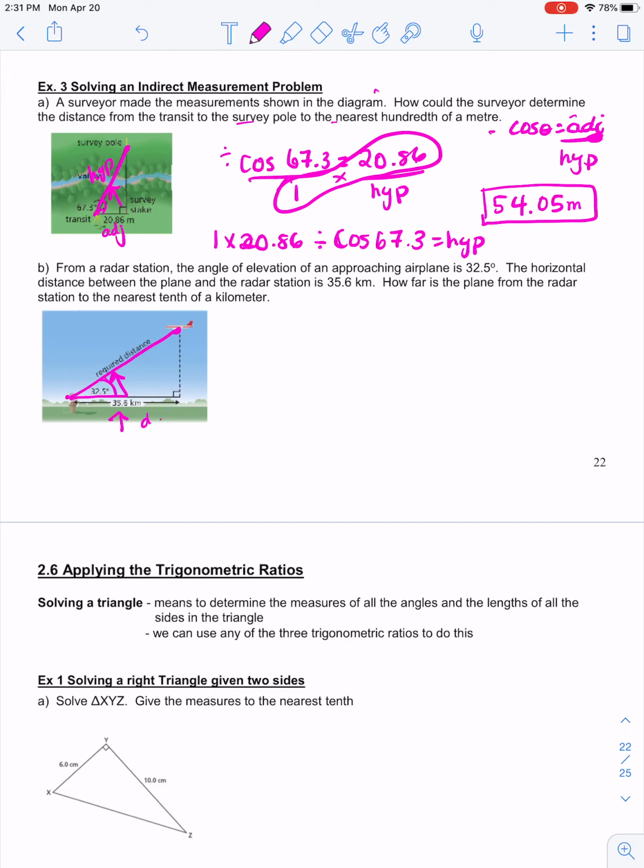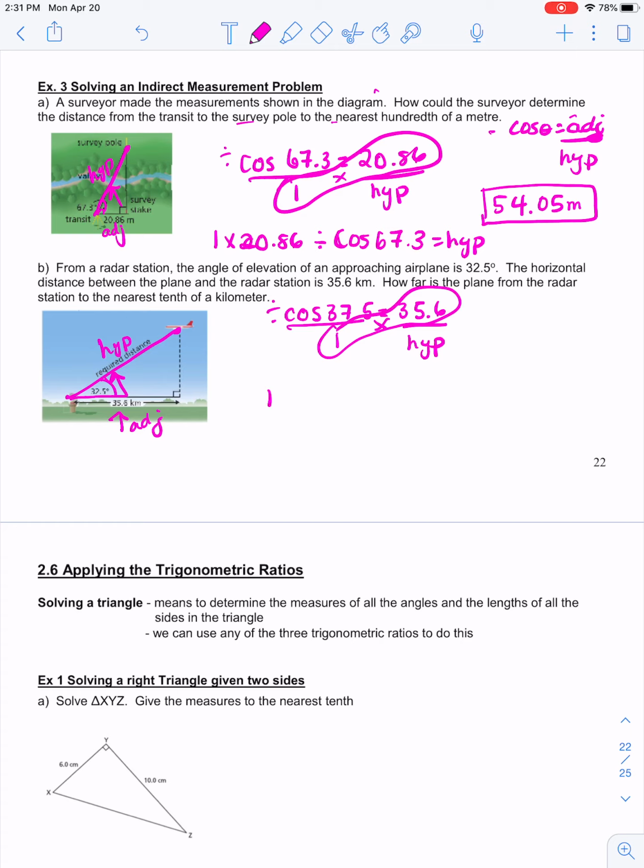So we have the adjacent side, we have the hypotenuse, and that uses cos again. So cos of my angle is equal to my adjacent side, which is 35.6, divided by my hypotenuse, which I don't know. Now I'm going to set this over 1, cross multiply, and divide by what's left over.